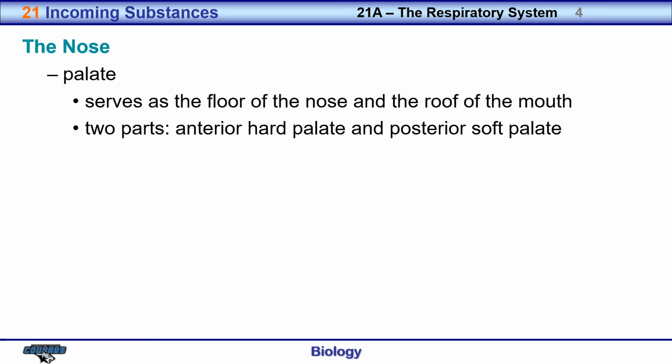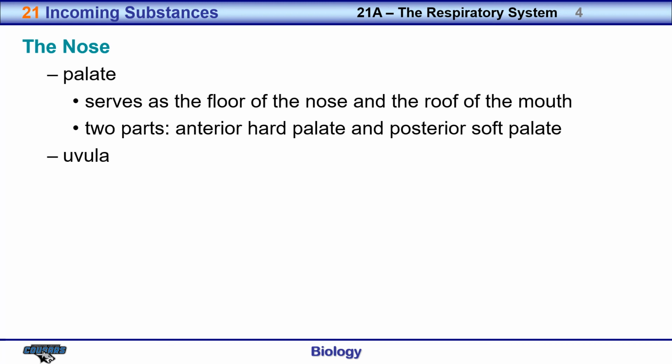When you stick your tongue up to what we call the roof of your mouth, you're feeling the hard palate, and it's dividing your mouth from the nasal cavity. And then if you push your tongue way toward the back, it gets softer. That's your posterior soft palate, and the posterior soft palate ends in a structure that's called the uvula.